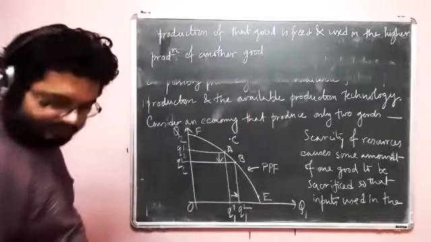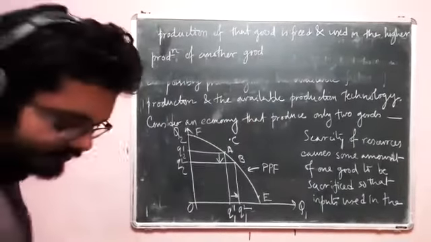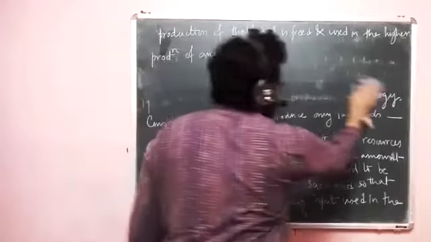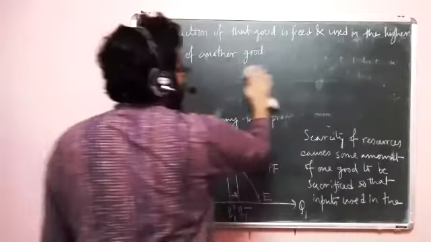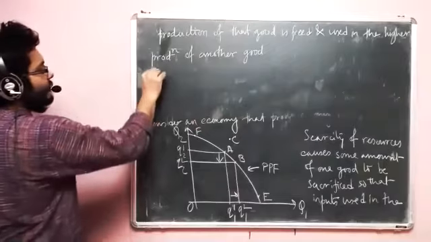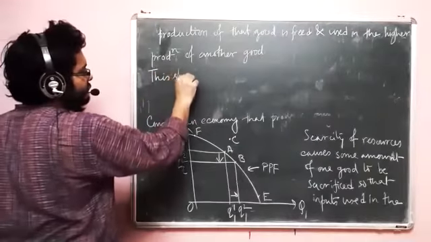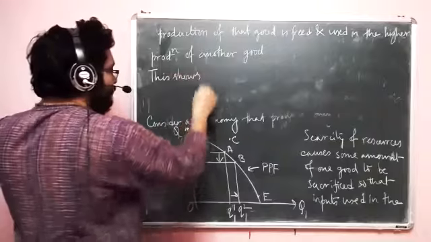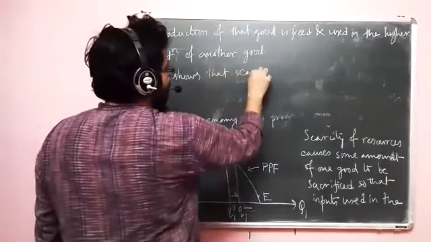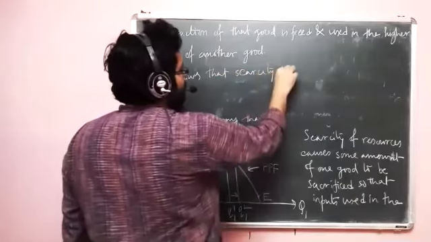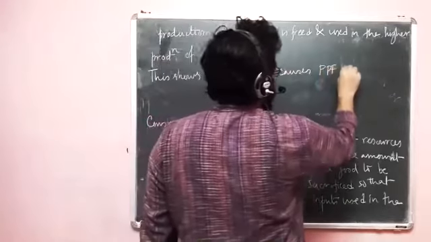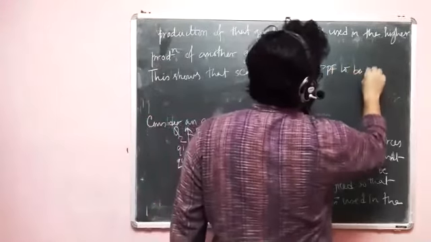So this shows that scarcity causes the PPF to be negatively sloped.